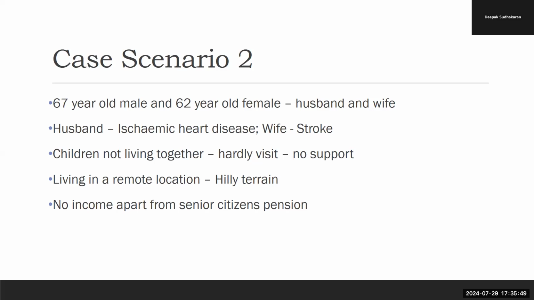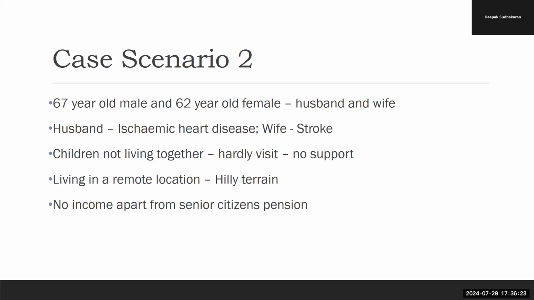Like in many below poverty line settings, this house did not have an attached bathroom. The washroom was outside the house. So once she got the stroke, it is even difficult for her to get down the steps during rainy season and other times, to move out of the house. And she doesn't have enough strength in her body to even hold on to a walking aid and go.